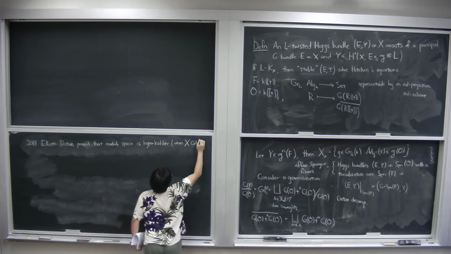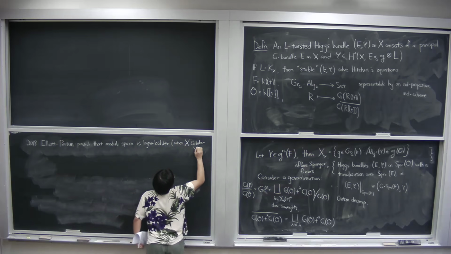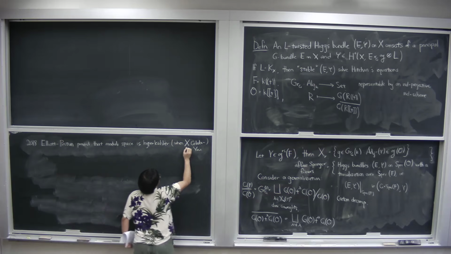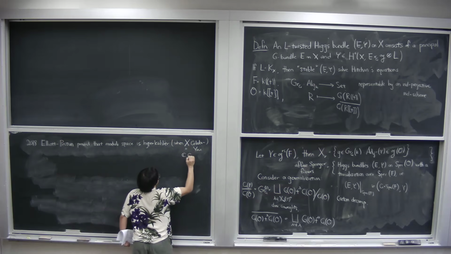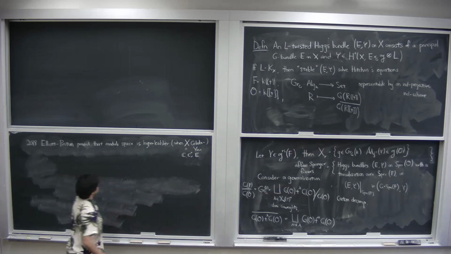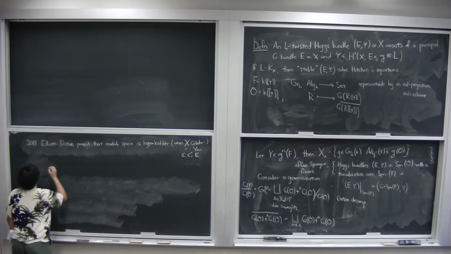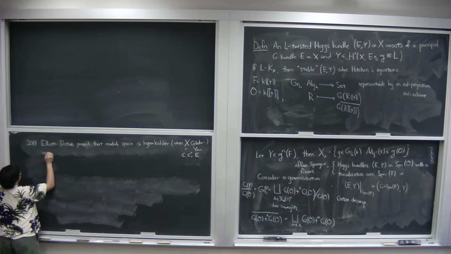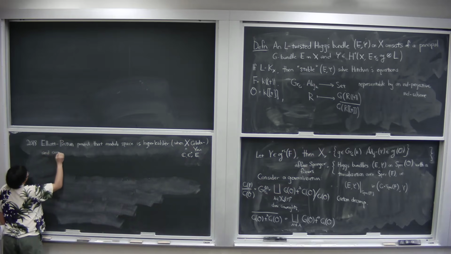In particular, they only considered X to be C, C star, and the elliptic curve. And furthermore, they showed it was a completely integrable system.